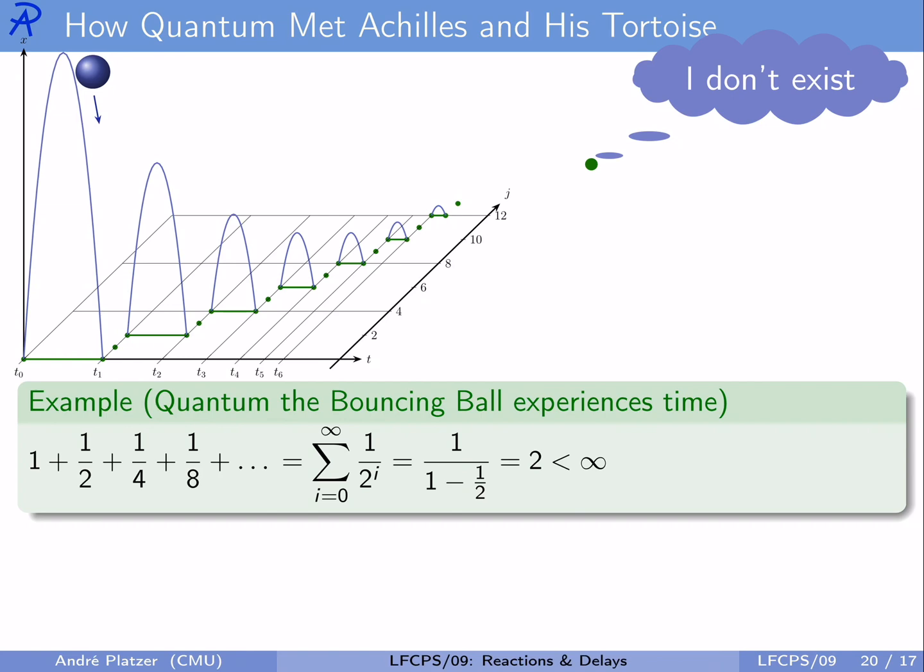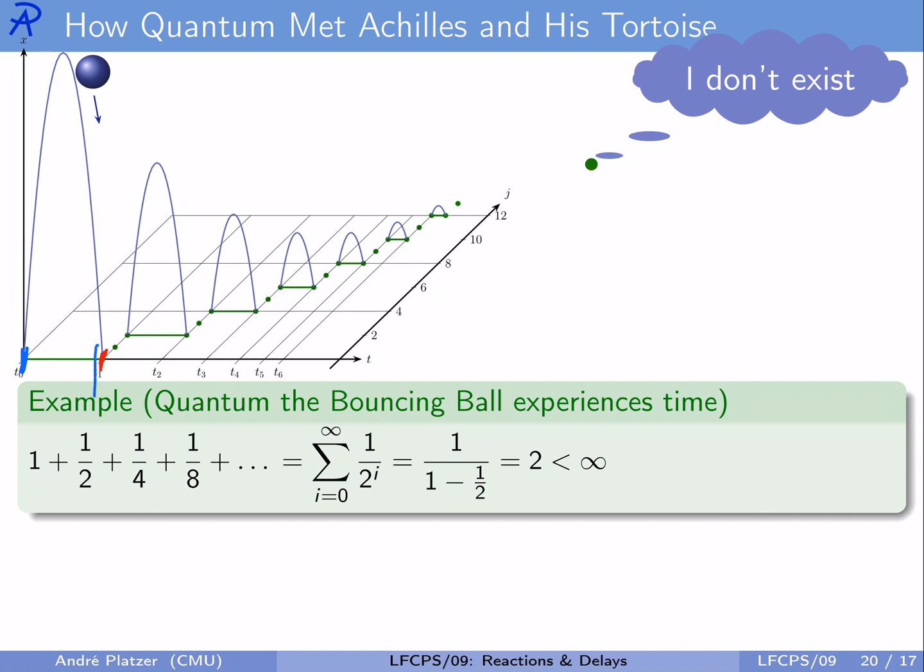we put the tortoise here and we put Achilles there, then Achilles, the fast runner, is never able to be faster than the tortoise. Why? Because, of course, Achilles will run real fast. We'll make it to this point.